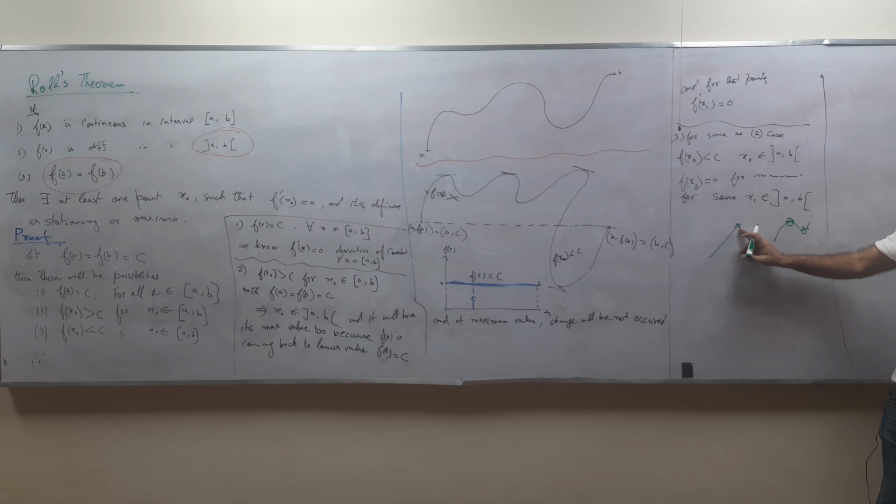If the left and right points are not the same, then that will become an edge, and the change in the neighborhood will not be 0. But here, the neighborhood points are the same. If the left and right points are the same, then the derivative will be 0. So that's why the first derivative will always be 0 at a maxima or minima point.